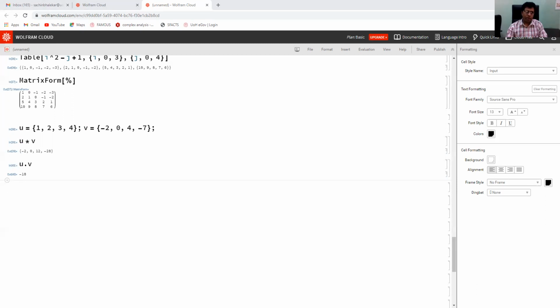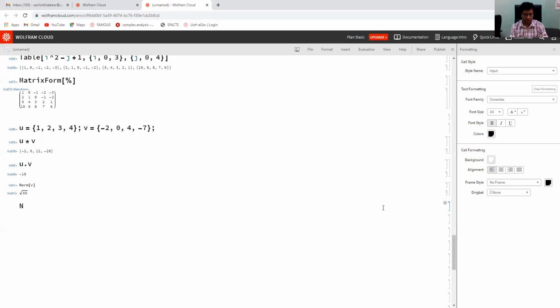We can find the norm of a vector. We can normalize a vector. So norm of v. This is the usual Euclidean norm.